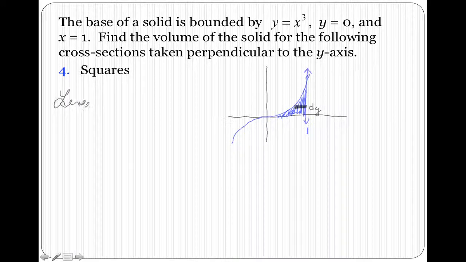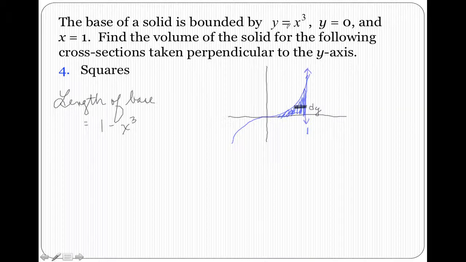So let's find the length of the base first. Well, if we did right minus left, on the right side, that representative rectangle is hitting 1. On the left, it's hitting x cubed. But there's a problem because remember this has to be a dy problem, so we cannot use it as x cubed.